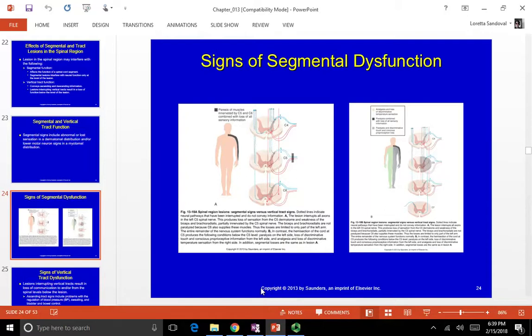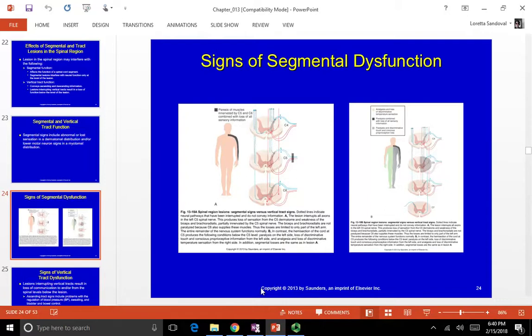So you can see in the first figure, the one on the left, the lesion interrupts axons in the left C5 spinal nerve, and it produces a loss of sensation from the C5 dermatome and weakness of the biceps and the brachioradialis, which are partially innervated by the C5 spinal nerve.